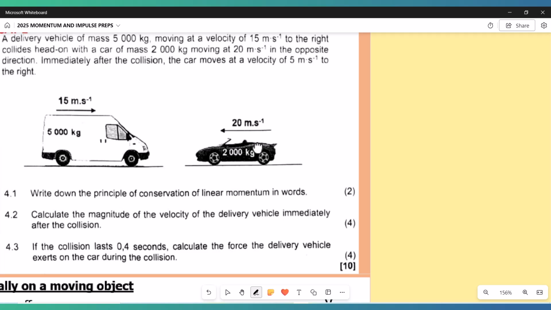So what do we know? Total momentum initial is equal to total momentum after.